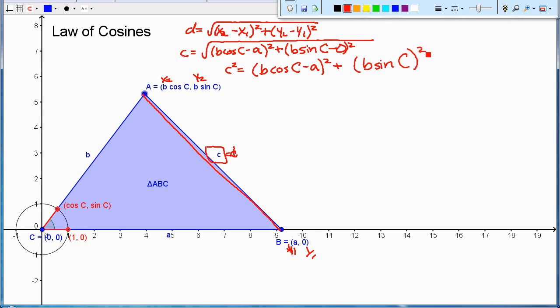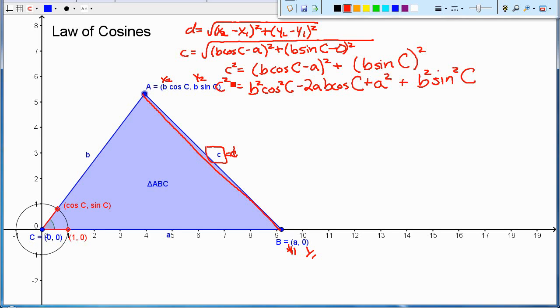Now I'm going to expand the binomial, b cosine C minus a, which gives b squared cosine squared C. Remember, it's cosine that's squared, not the C. I would have minus 2ab cosine C because of foiling. I would also have a plus a squared. And then finally, I would have a plus b squared sine squared C, and I would have a formula now for c squared.